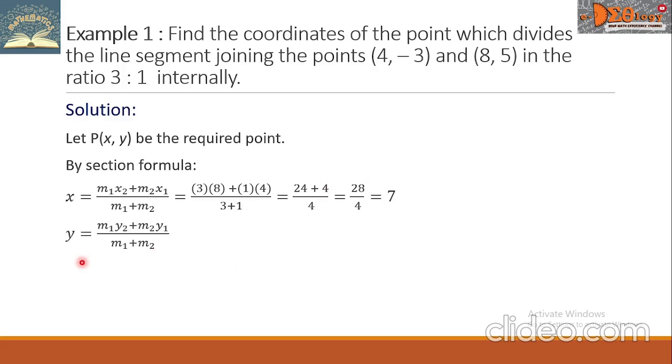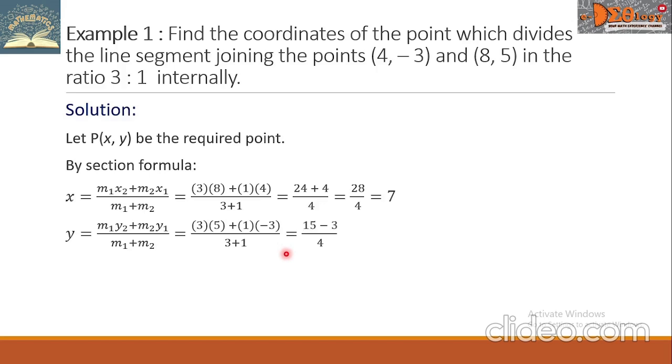For the y coordinate, this is our formula: m sub 1 times y sub 2 plus m sub 2 times y sub 1 all over m sub 1 plus m sub 2. When we substitute the values, we have 3 times 5 plus 1 times -3 all over 3 plus 1.